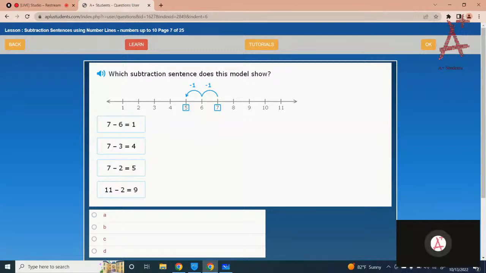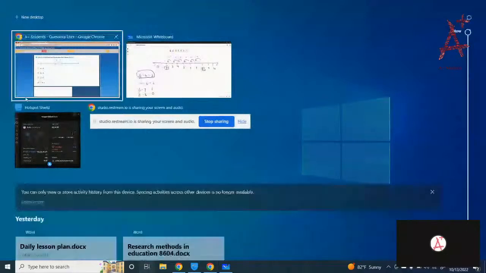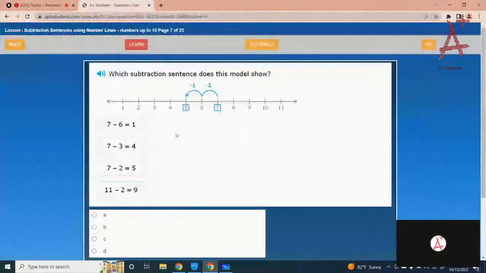Okay. Now, which subtraction sentence does the model show? Look at the numbers that are written in the squares. Which numbers are written in the squares?